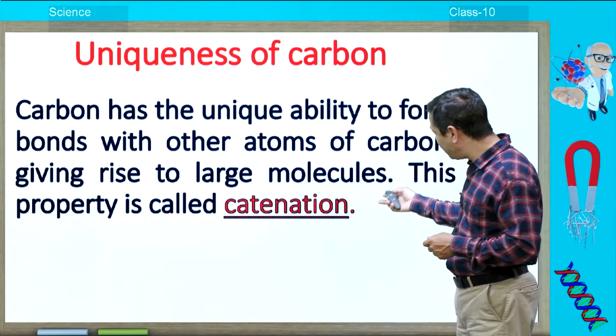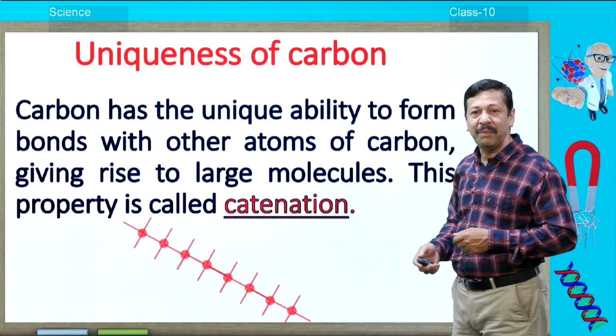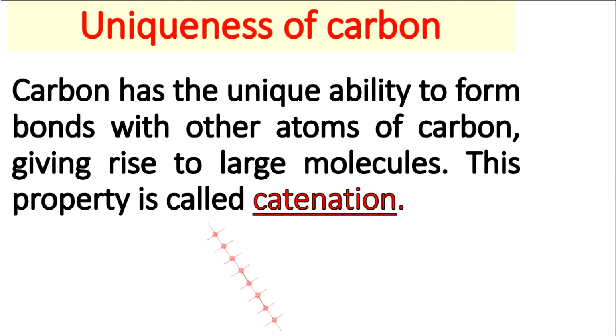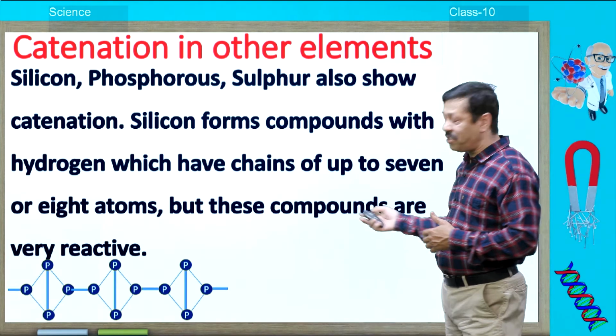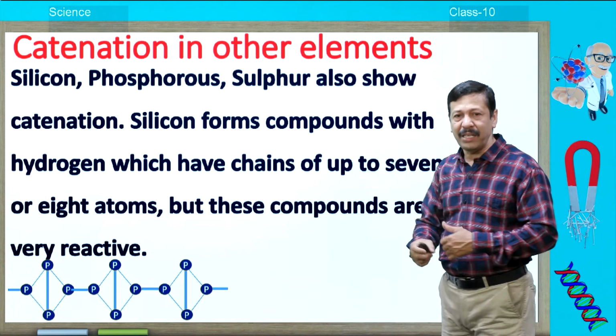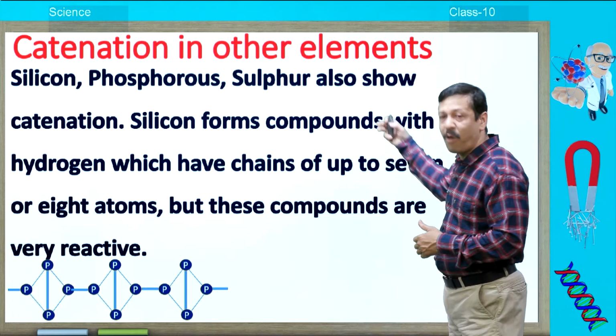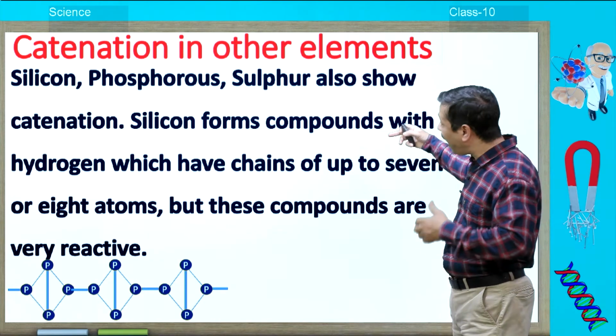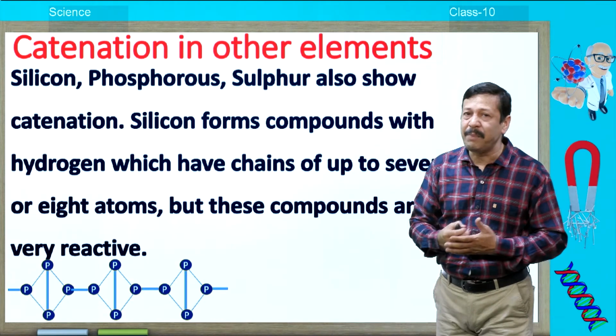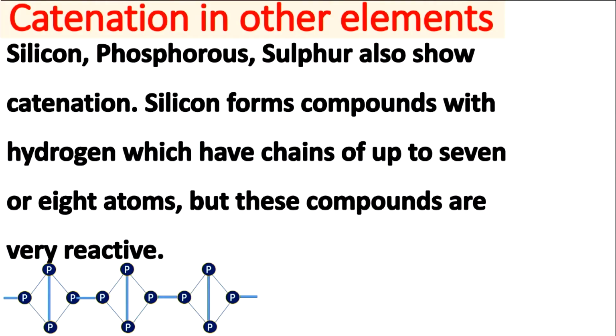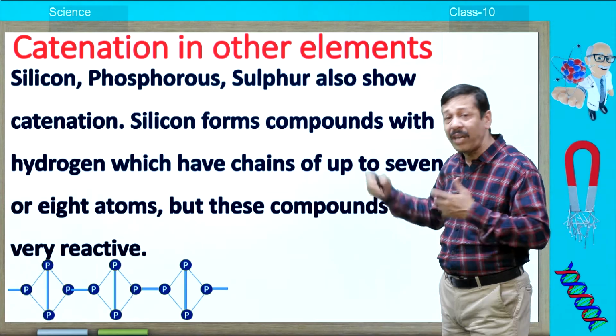Now you are seeing here the beautiful animation which shows how the carbon is linked with its own atoms. Now catenation compared with other elements: silicon, phosphorus, sulfur and other elements also exhibit the catenation property, but silicon forms compounds with hydrogen which have chains up to 7 or 8 atoms.